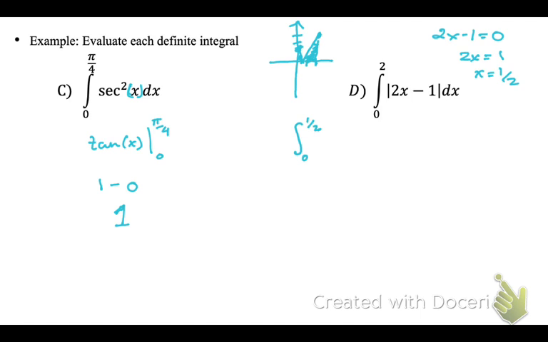This has to be negative on this one, from 0 to 1/2, because my slope here is negative. So it's negative, and we're going to have the integral of 2x minus 1 dx from 0 to 1/2, plus the integral from 1/2 to 2 of 2x minus 1 dx.